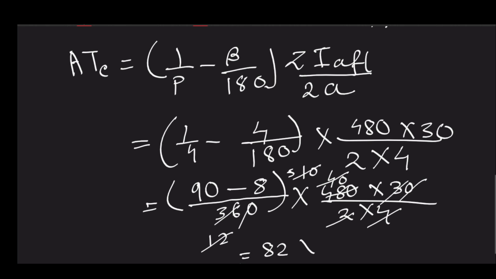So basically 82 into 5, 410 ampere turn per pole.